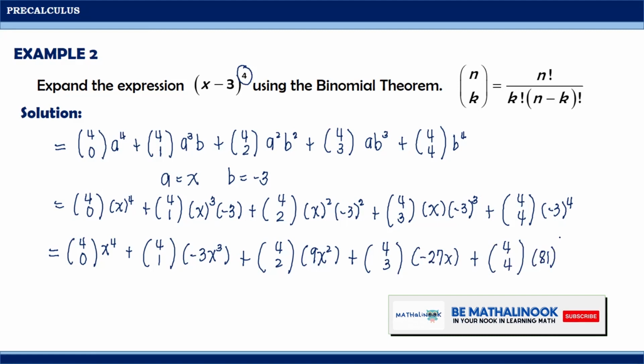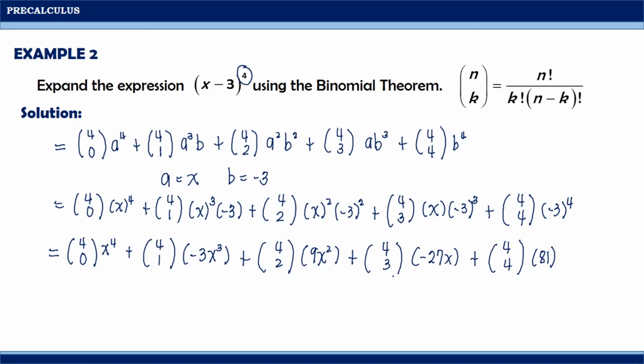Next step is to simplify the expressions 4 taken 0, 4 taken 1, 4 taken 2, 4 taken 3, and 4 taken 4. Recall that we will be using the formula for n taken k to be n factorial all over k factorial times n minus k quantity factorial.